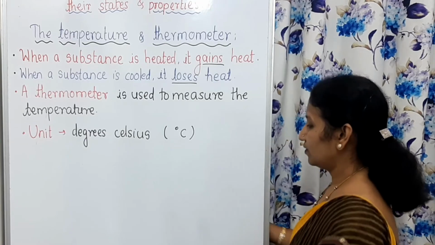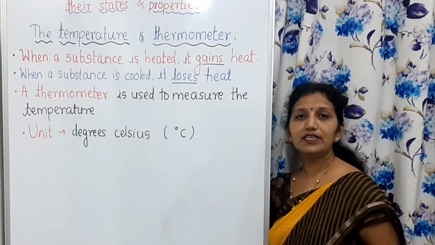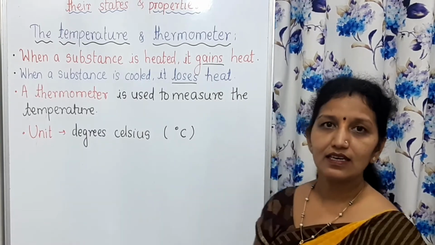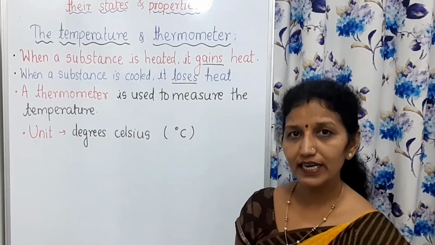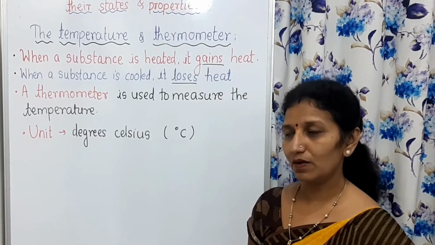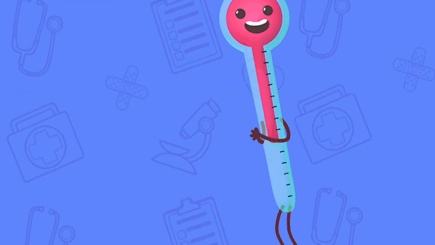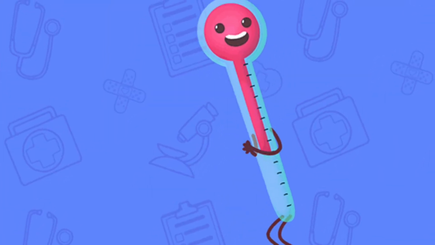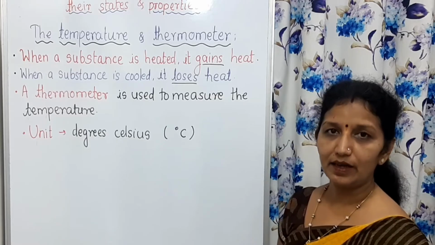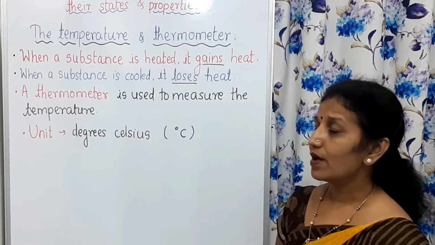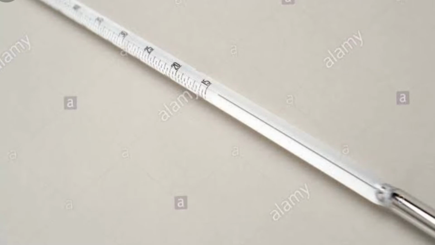Now, what is temperature? Temperature is the quantity that indicates the hotness or coldness of an object. And a thermometer is a device made to measure the temperature. Now, a regular thermometer has mercury in it.